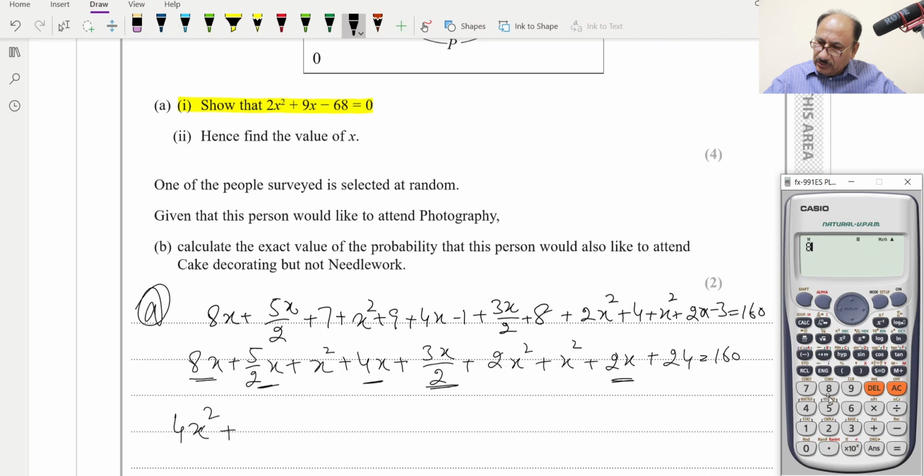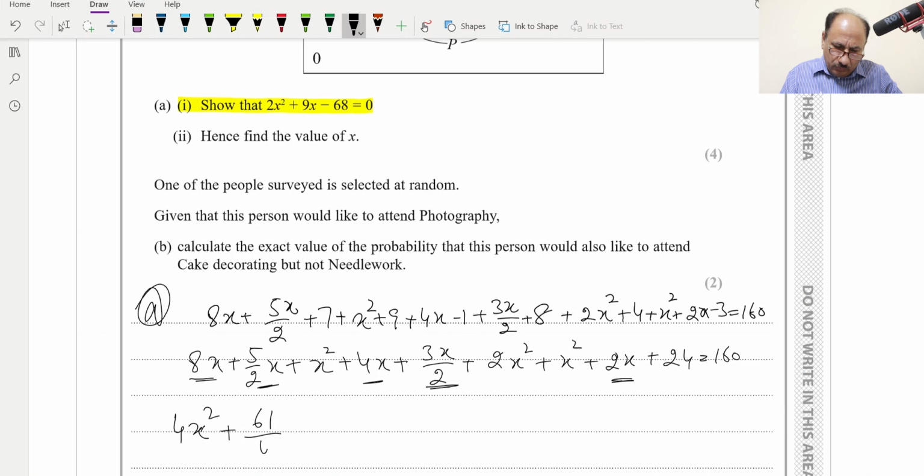This will be 8 plus 5 over 2, then plus 4, plus 3 over 2, and plus 2.